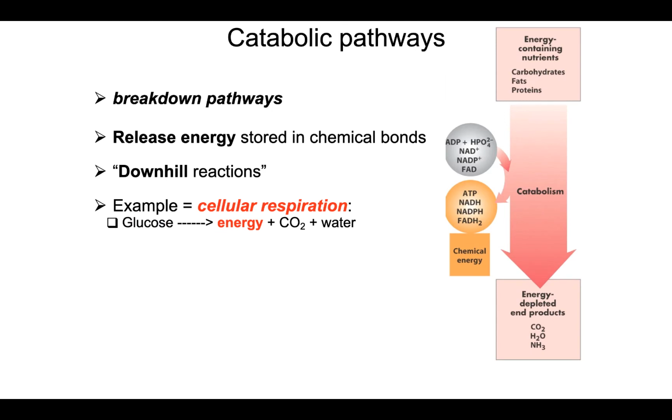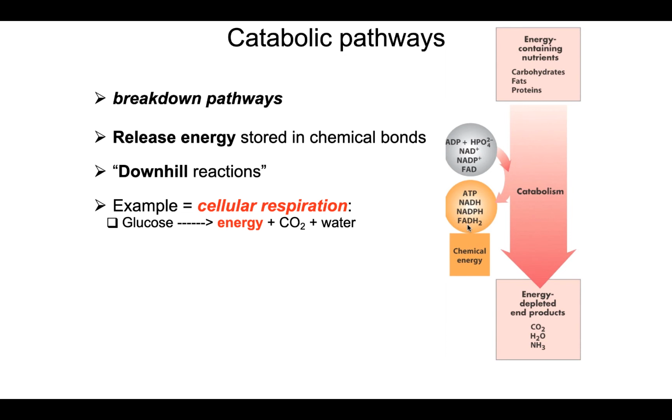The opposite is catabolic pathways. These are the pathways where the opposite is occurring, where we are taking high energy molecules like carbohydrates and fats and proteins and breaking them down into their constituent low energy monomers and components, and in so doing releasing energy that we are storing back into our ATP, our NADH, our NADPH, FADH2.